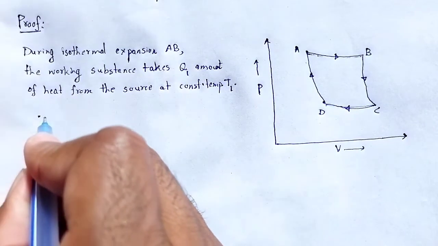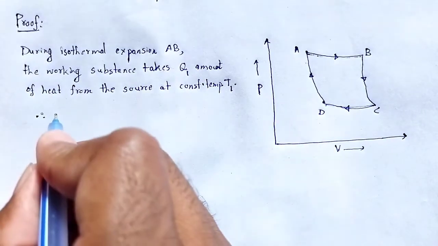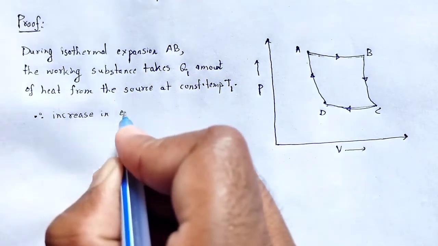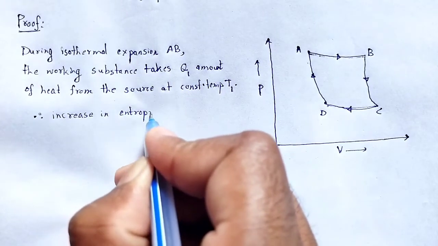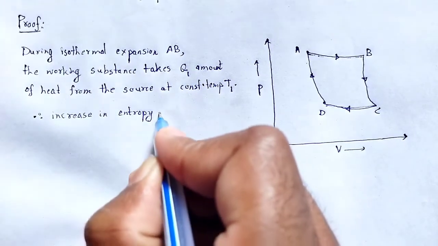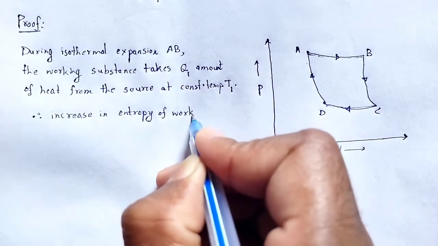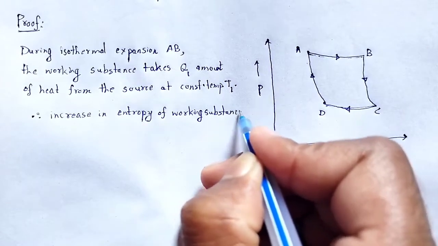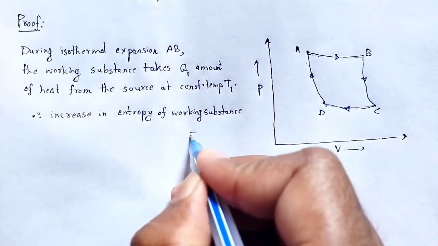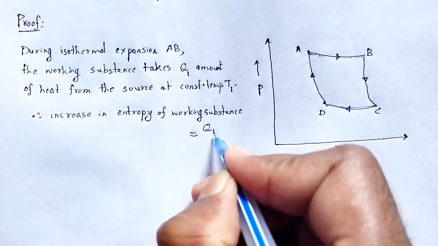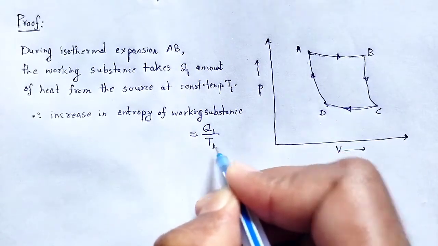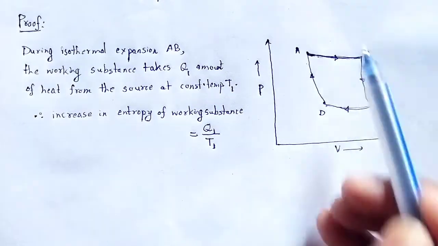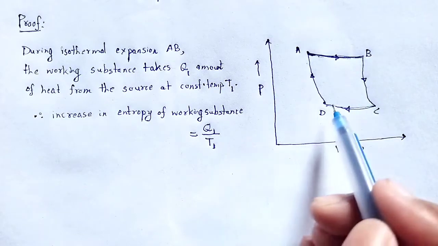Therefore, the increase in entropy of the working substance is given as Q1 divided by T1. Here is the isothermal expansion AB.